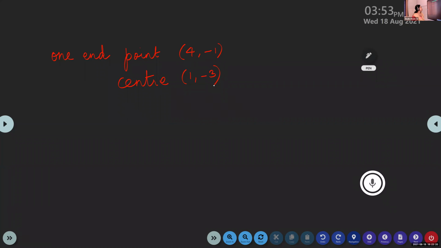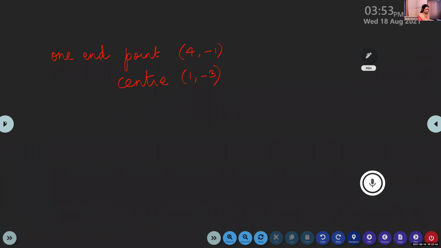Find the coordinates of the other end of the diameter.